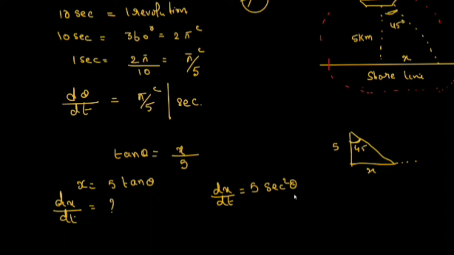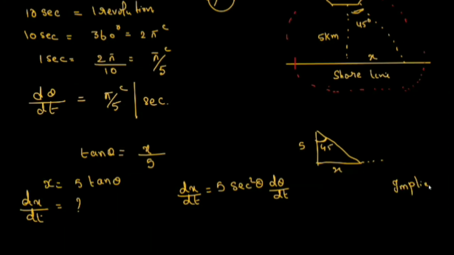So you have to differentiate theta with respect to time. Secant square theta into d theta by dt, as you have learned with implicit functions. These two functions are connected, they are implicit functions, so you differentiate with respect to t.